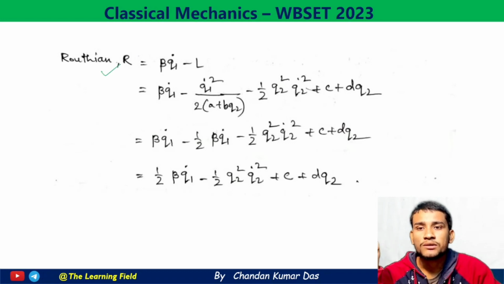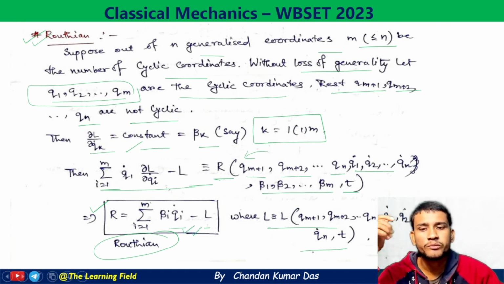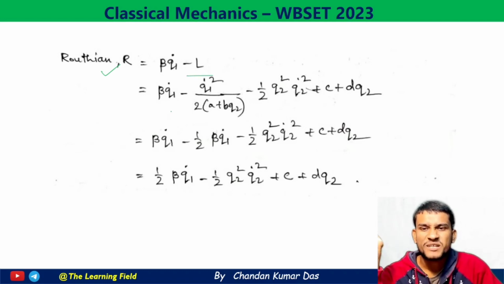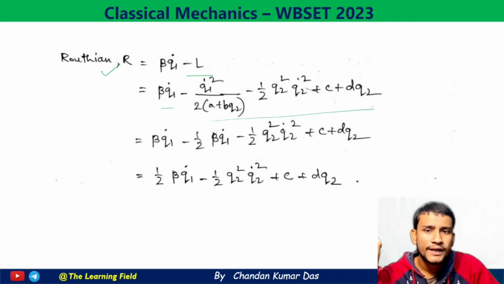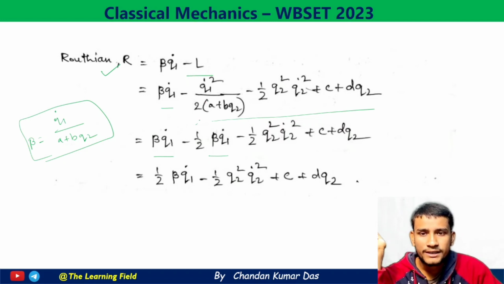Now we calculate the Routhian. The Routhian equals the summation i equal to 1 to m of beta_i q_i dot minus L, and here, since only one cyclic coordinate is absent, we can simply write beta q1 dot minus L. Now this is equal to beta q1 dot minus the expression for L. We just put in the value of beta, which is q1 dot times (a plus b q2), in the expression of L. We write this term in terms of beta, so it simply comes to half of beta q1 dot, and this and this.